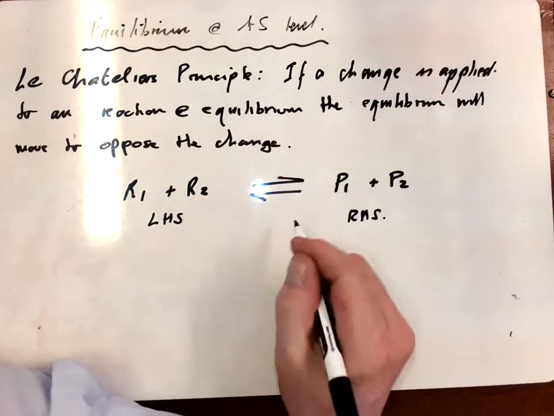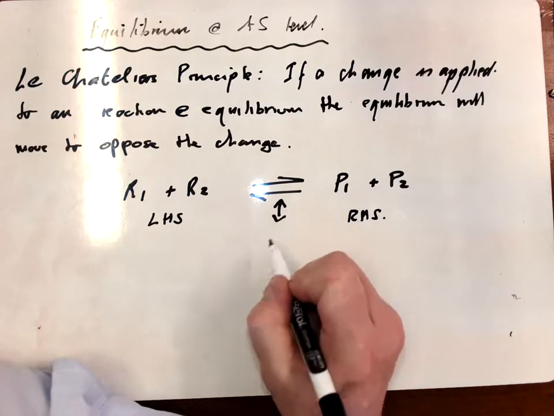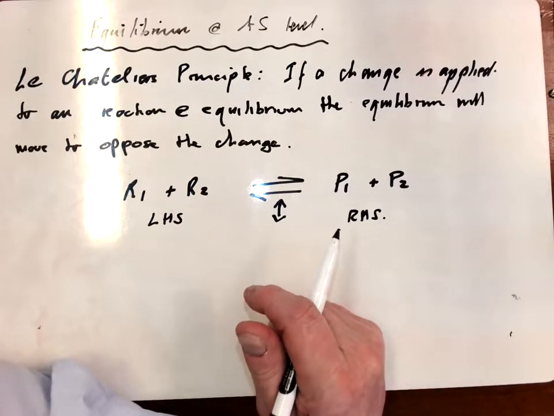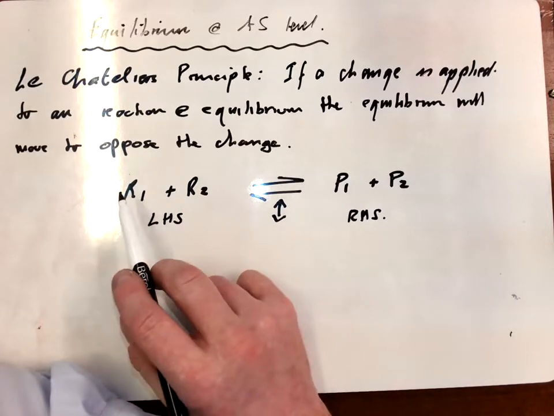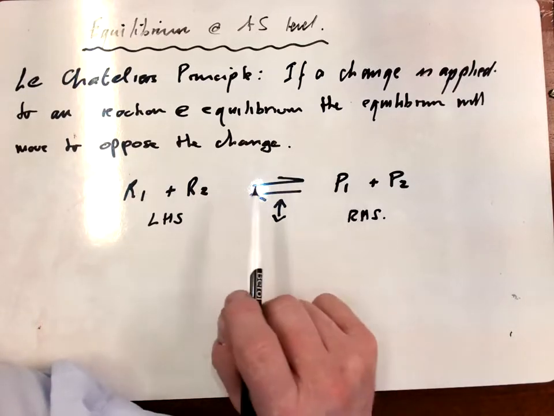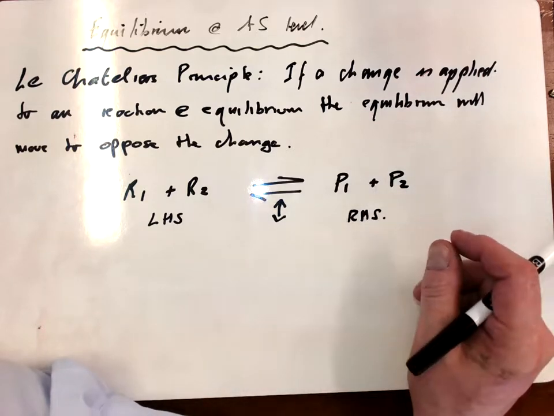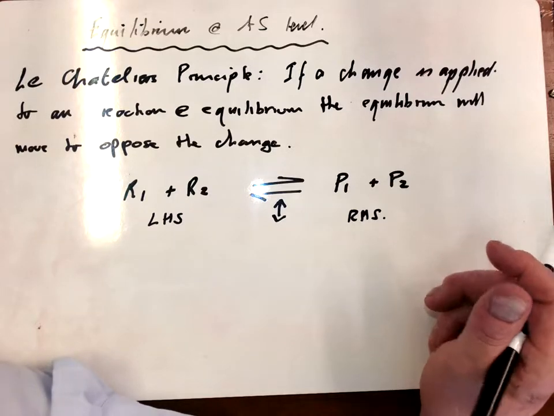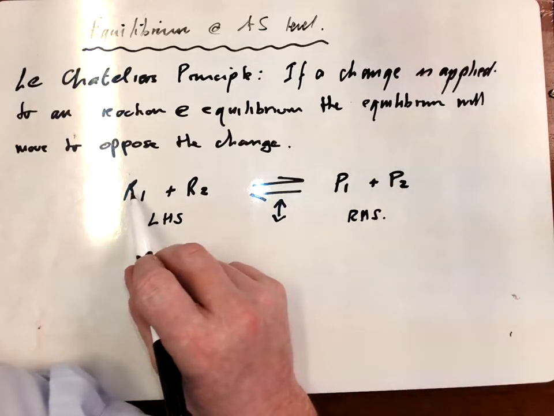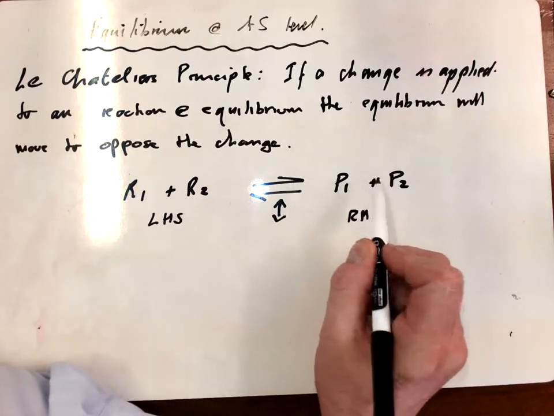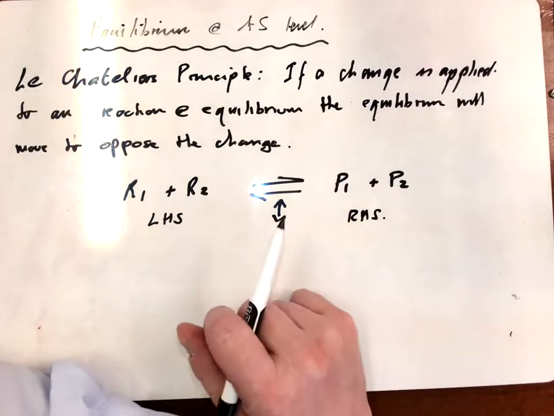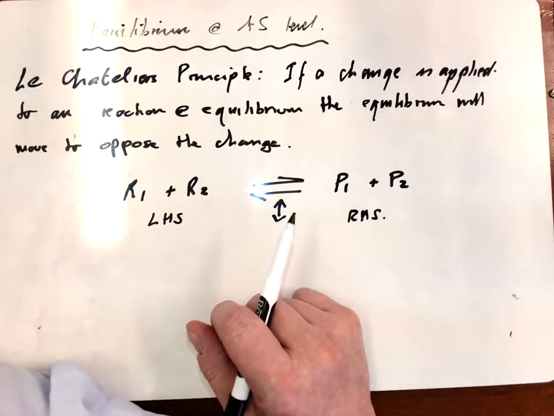If it sits in the middle, then we have pretty much the same amount of reactants and products. So this is a dynamic state in that these reactants are always turning into products, and likewise products are constantly turning into reactants. And as chemists or chemical engineers, our overriding desire would be to turn as many reactants into as many products as we can. At that point we are maximizing our yield and maximizing our profit.